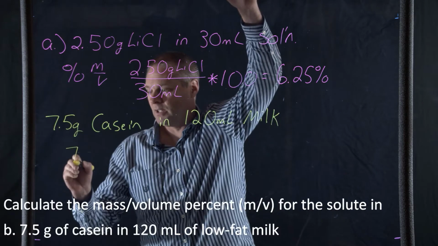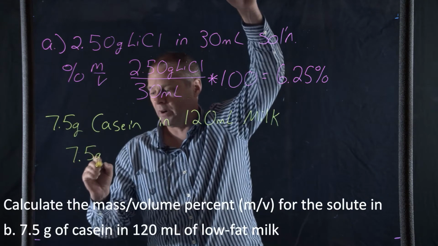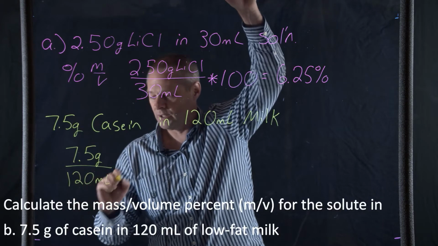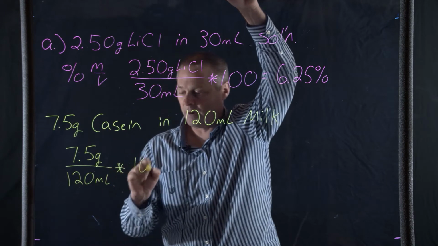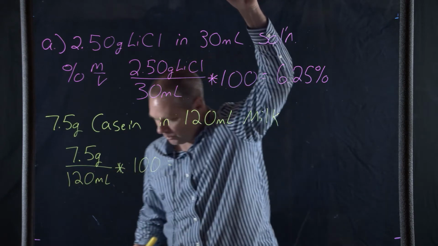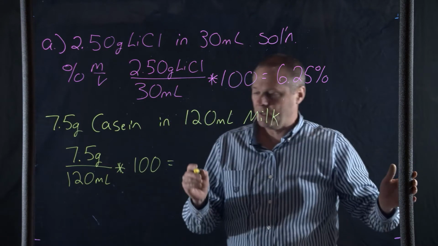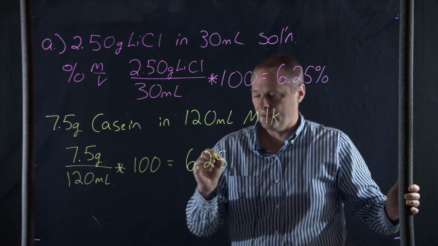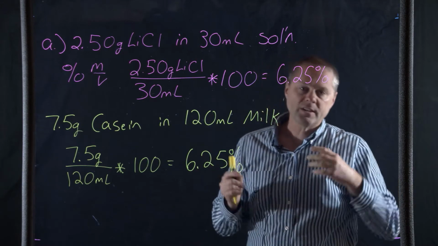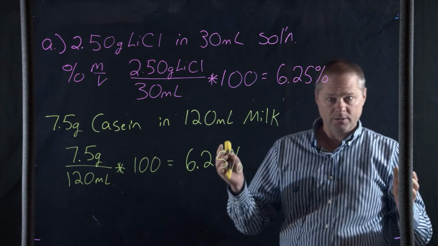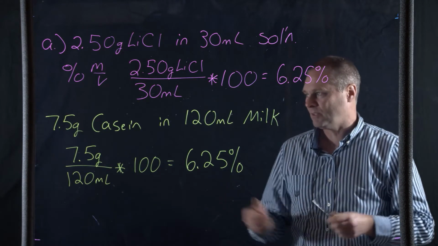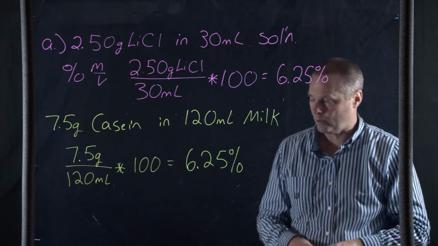So this is 7.5 grams divided by 120 milliliters, and we're going to multiply that by 100. And if we do the arithmetic there, we end up getting, once again, 6.25%. Now this just happens to be a coincidence. Not all of these are equal to 6.25%, but this just happens to be a unique situation.